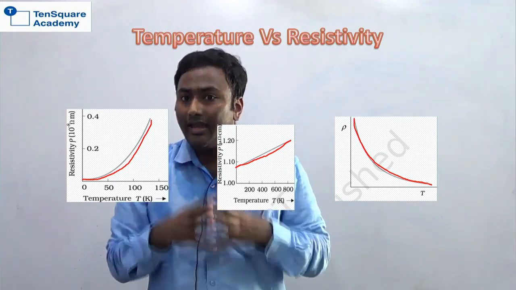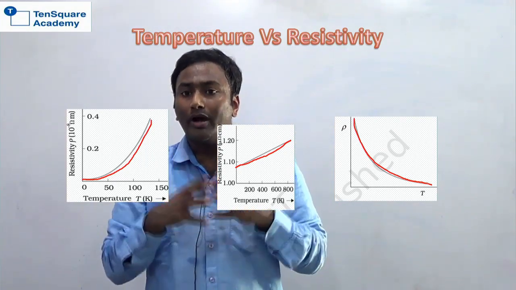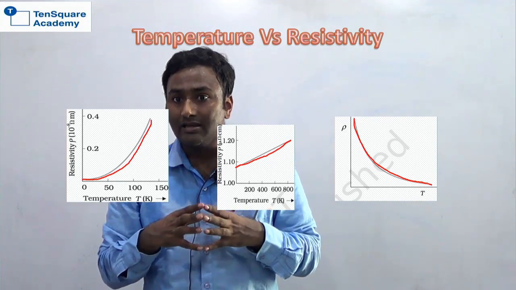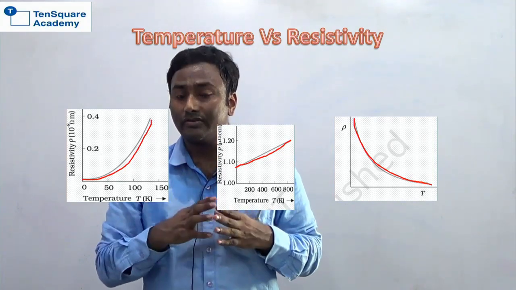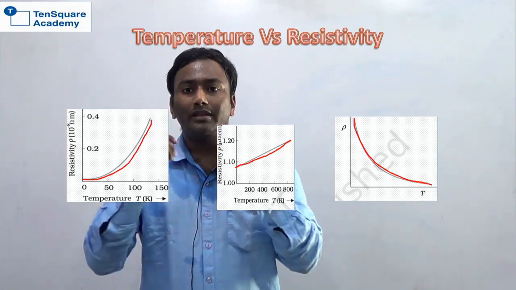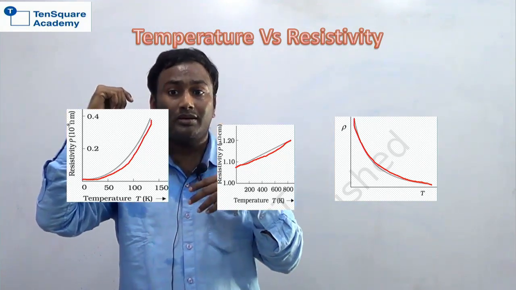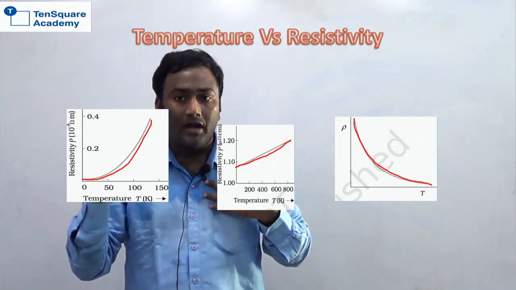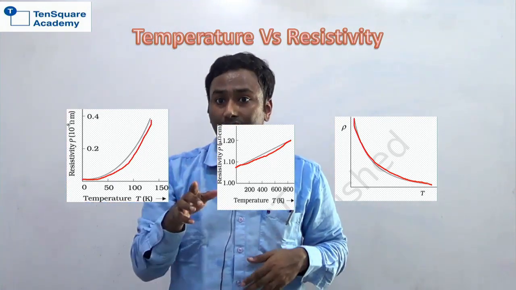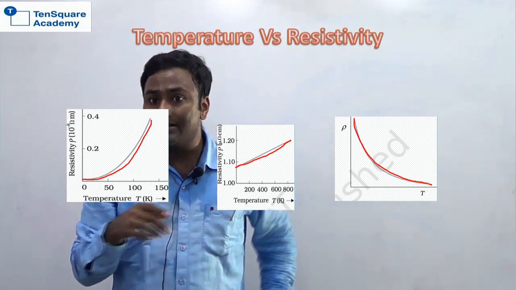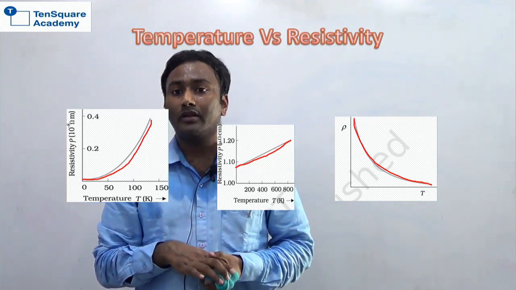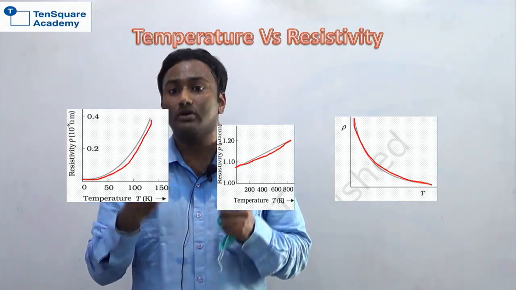Now, again it is an important question: why, when the temperature is increased, does the resistivity of a conductor also increase? The reason is, when the temperature increases, the relaxation time tau decreases, and tau is inversely proportional to conductivity, so the resistivity increases because of this.